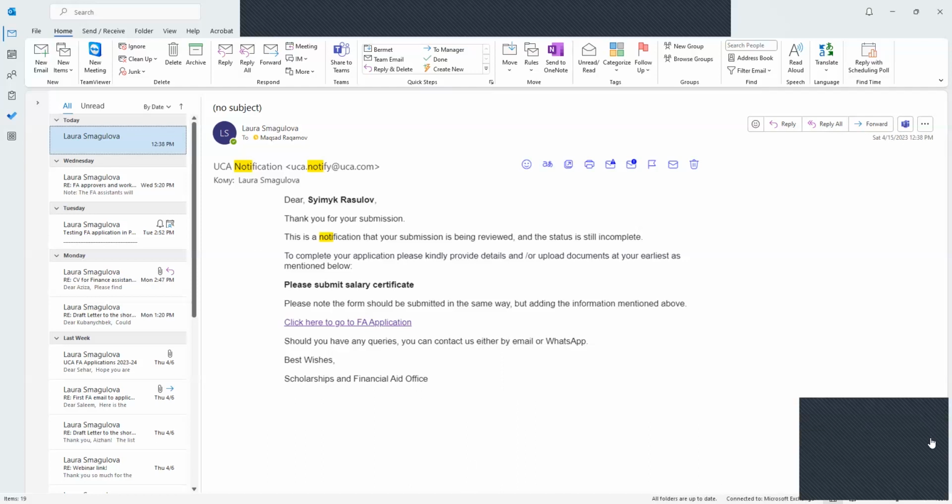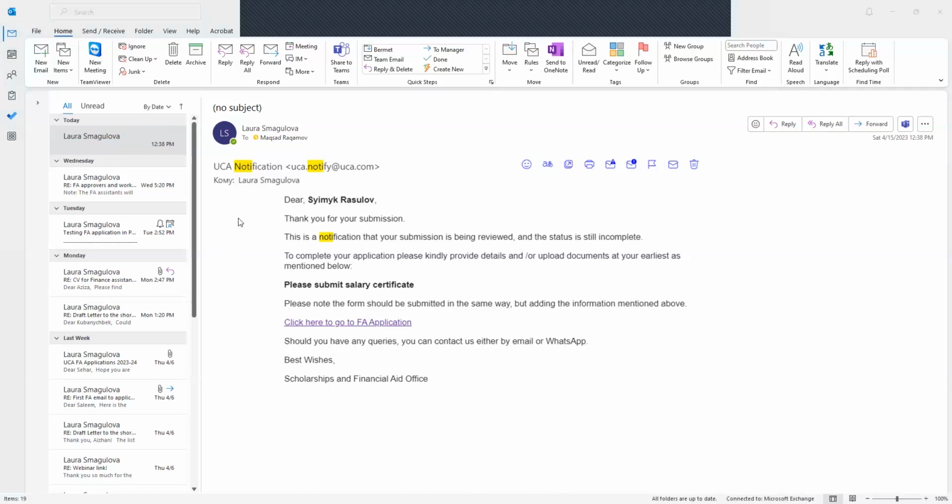Okay, thank you. So see, this is a sample of a notification that you may receive in your inbox. Like, dear applicant, thank you for your submission. This is a notification that your submission is being reviewed and the status is still incomplete. To complete your application, please kindly provide details of, and here in black, you will see the details, indicating like, please submit salary certificate.